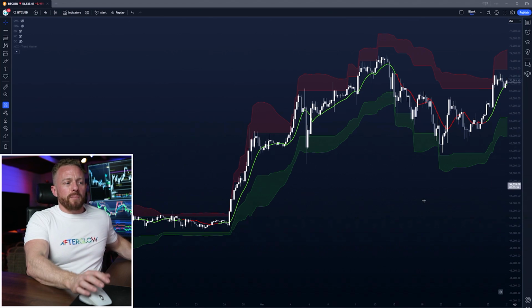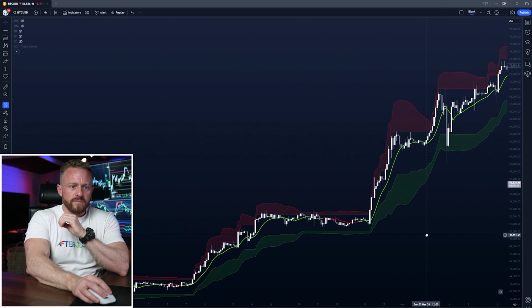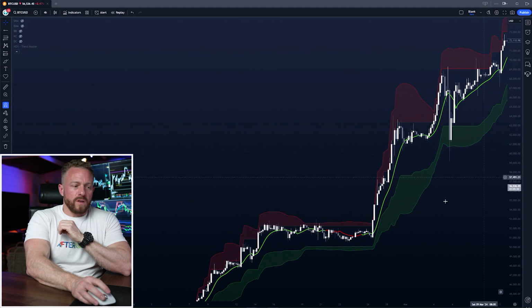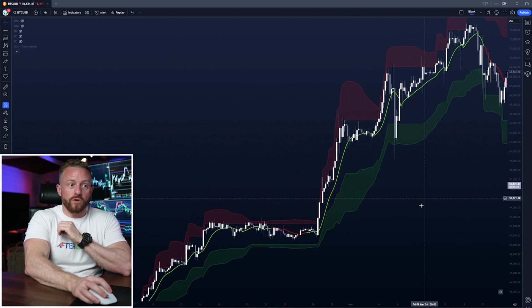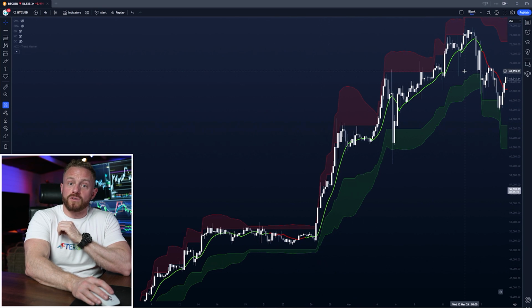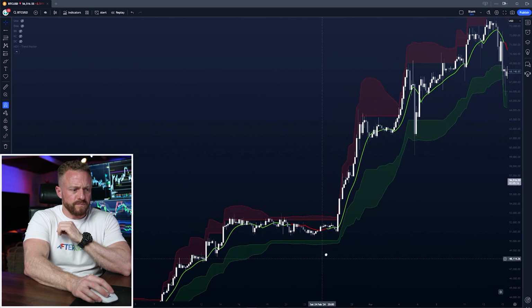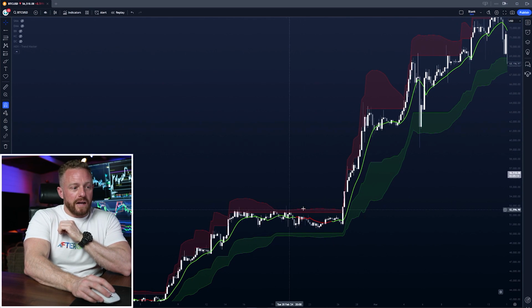So if I hop back into the chart again, I'll show some examples. For example, on Bitcoin, back in that February period before we saw this big expansion up in price and shift to uptrending price action, you can see the cloud here tightened in to a very narrow cloud.